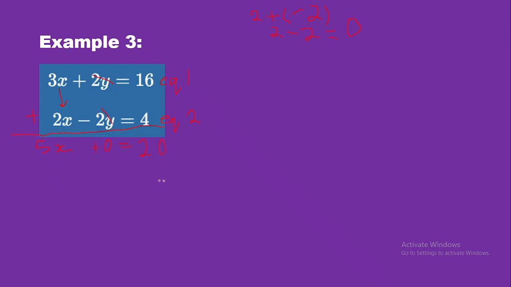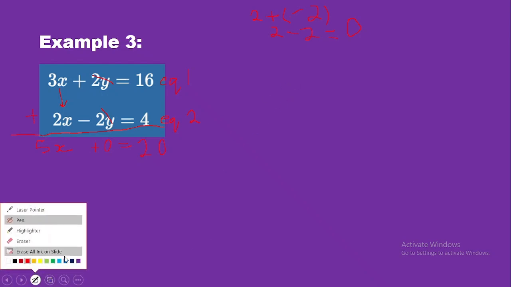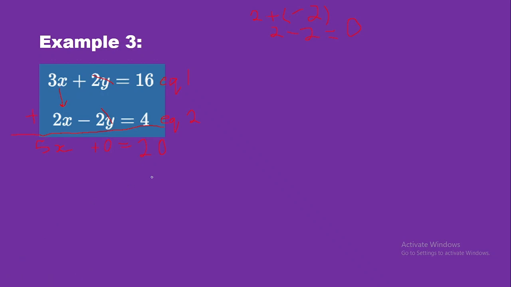Alright, so now we're left with the equation. Let me just change my pen to black. We're left with the equation 5x is equal to 20.